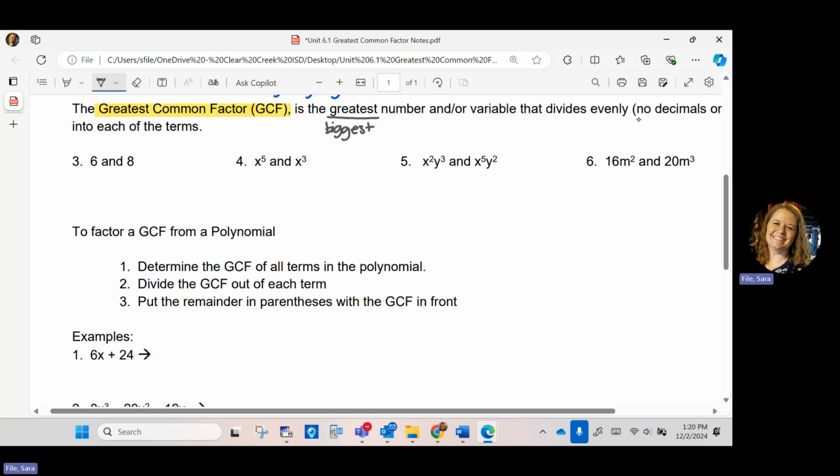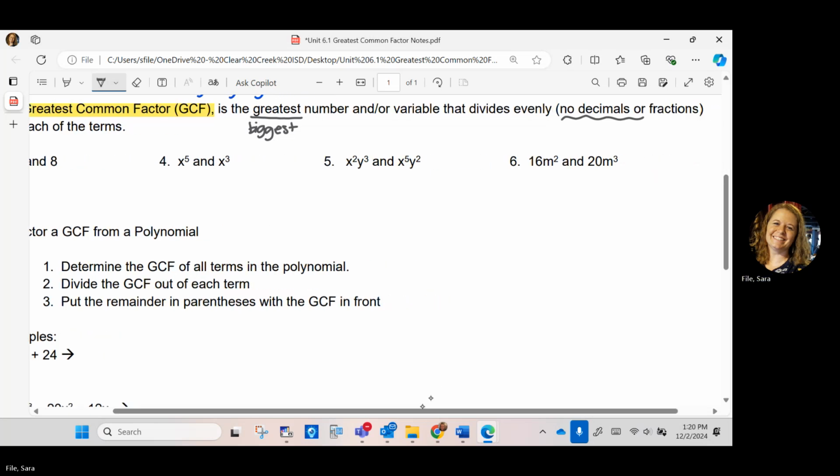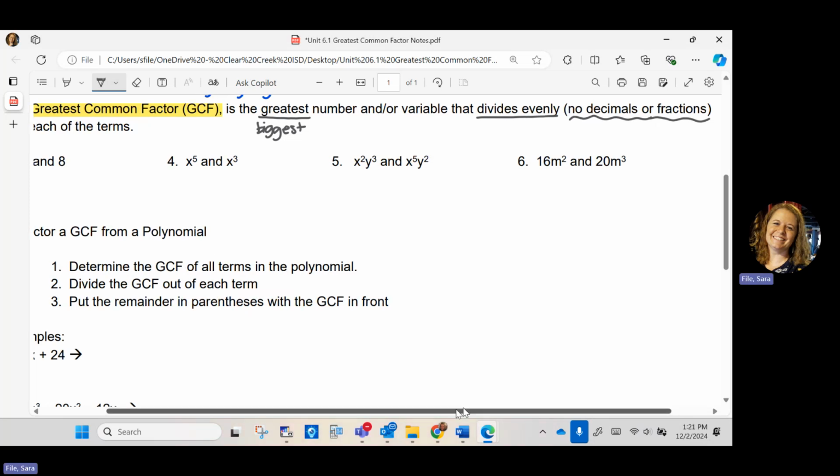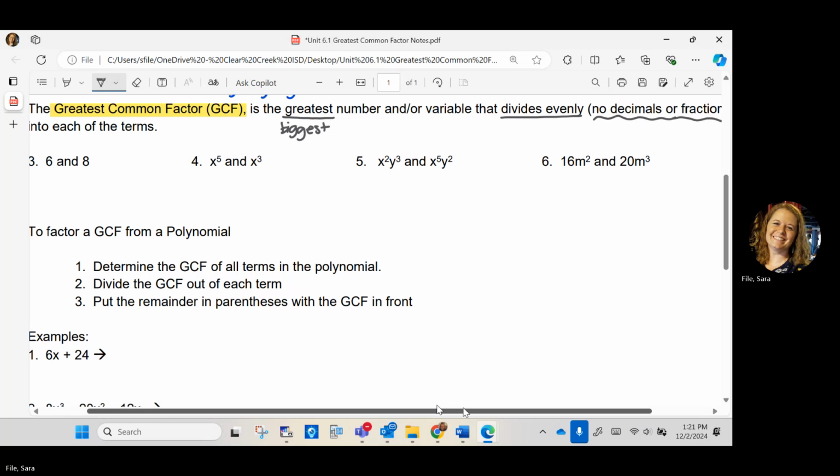That means no decimals or fractions. Divides evenly, no decimals or fractions, from each of the terms.